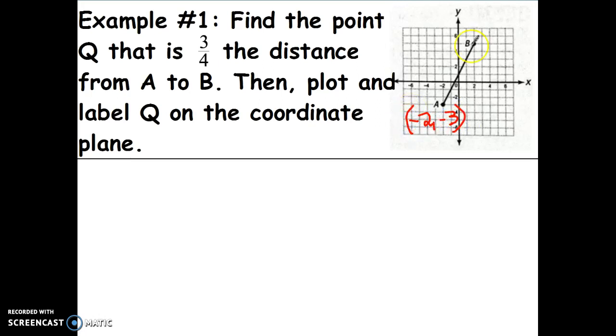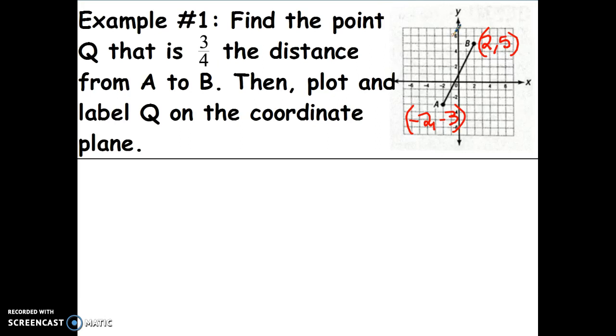And looking up here at point B, that ordered pair is (2, 5). This is all you should have on your paper: draw your line segment, label the points, and then write the ordered pairs that go with the points. Again, you don't have to worry about drawing that whole coordinate plane.